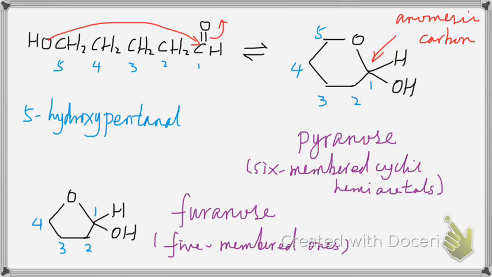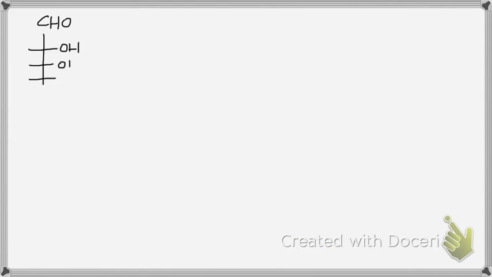All right, so now let's take a look at how to convert the open chain Fischer projection to the cyclic form for monosaccharides.